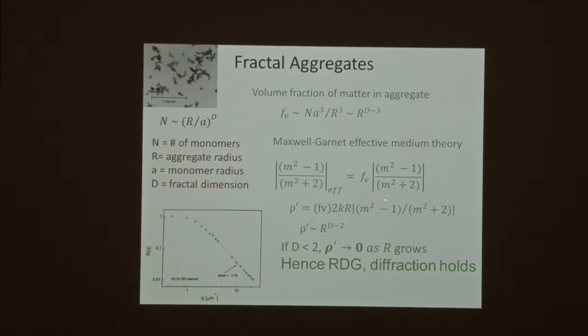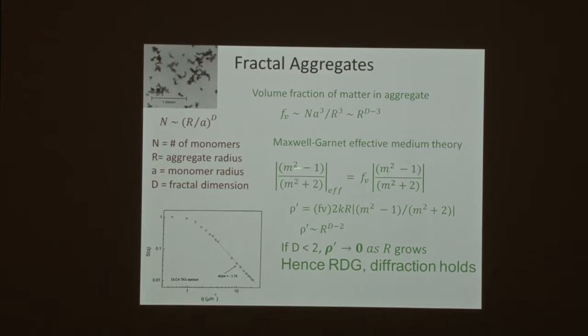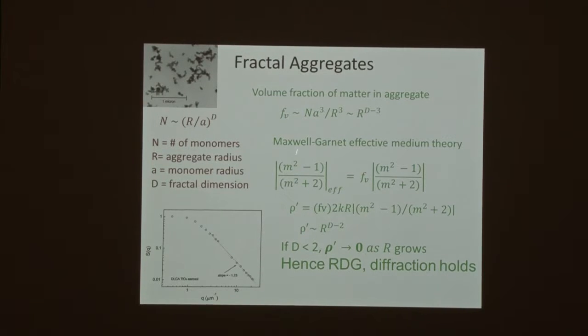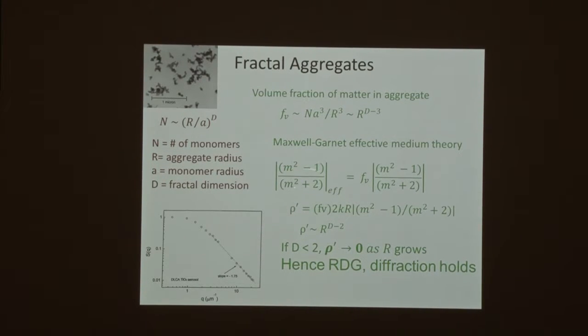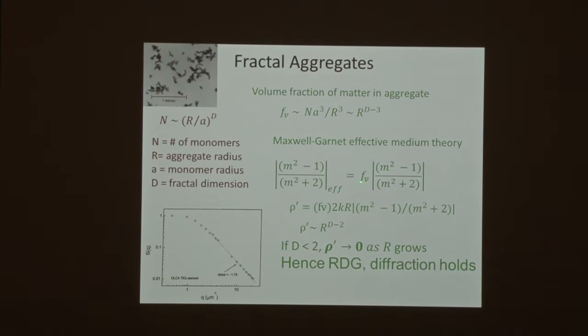And so the effective fractal refractive index, and better yet, the effective Lorentz factor, is that of the monomers, but times the volume fraction. And the volume fraction in these things is very small. And in fact, if the fractal dimension is less than 2, the bigger the aggregate, the smaller rho prime gets.